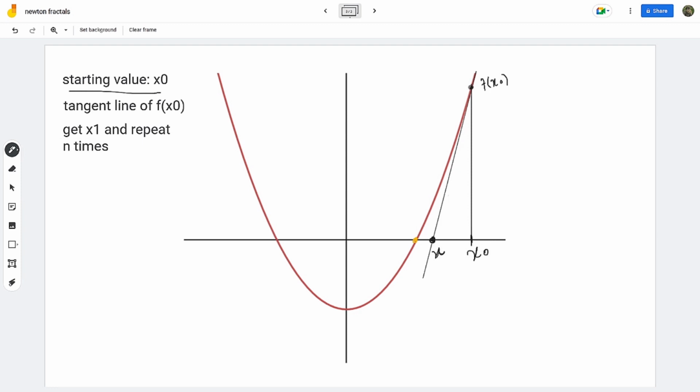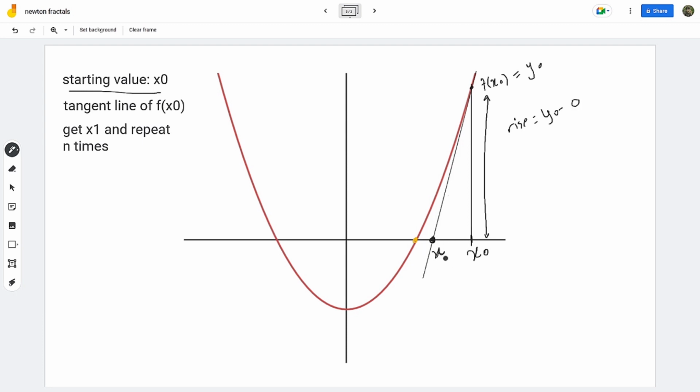So we know that the slope of a function is rise over run, right? Slope of points. Now we're dealing with points over here, so let's write it up like that. This is the rise, right? And rise in this case is, let's call this y0, y0 minus this thing right here, which is 0, because the value of y on the x-axis obviously is going to be 0.